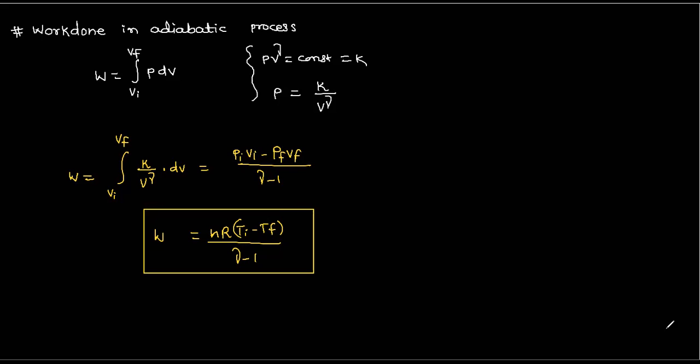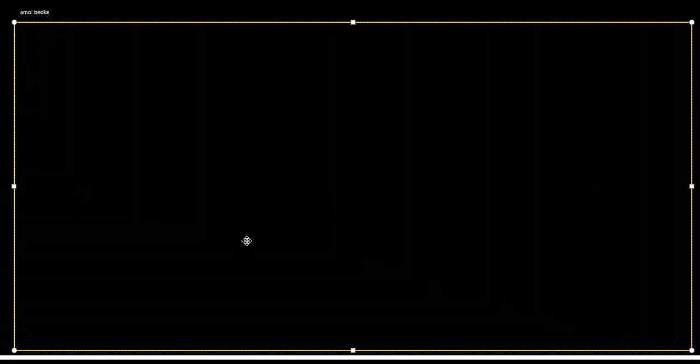I want to give you one table which is very important. We can say comparisons. Okay, how we can compare these two processes. So let's make one table, isothermal and adiabatic change. I'm making a table like this, and let's have only two columns. Big column I'm taking.